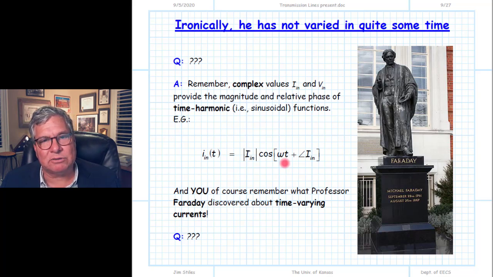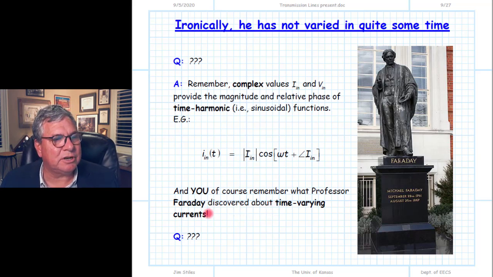And of course, the complex representation can be converted into the true physical reality of the current by taking the magnitude of that complex number, which gives us the magnitude of the oscillation, and the phase of that complex number, which gives us the relative phase of that sinusoidal oscillation. So I wrote it this way so you can see that we clearly have a current now that is time varying. It's not DC. And of course, you remember what happens when we have a time-varying current.